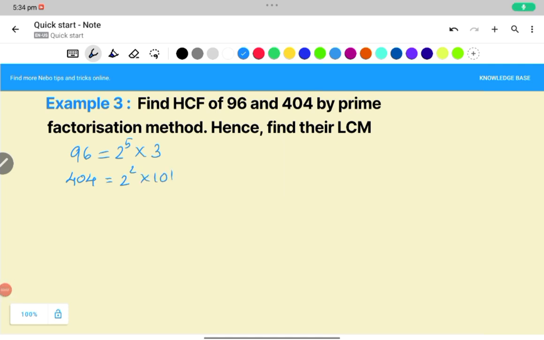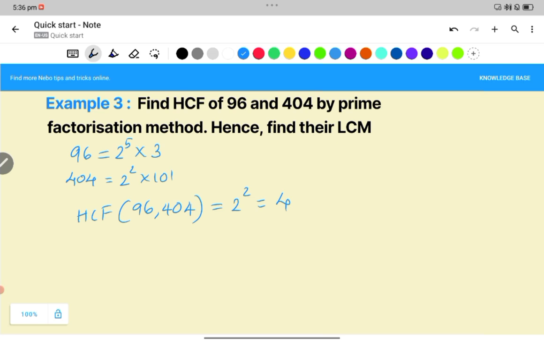For finding HCF, we have to identify the common prime. Here the common prime is 2. Then we have to select the lowest power of 2. So 2 square is the HCF of 96 and 404. Therefore, HCF of 96 and 404 is 2 square, that is 4.